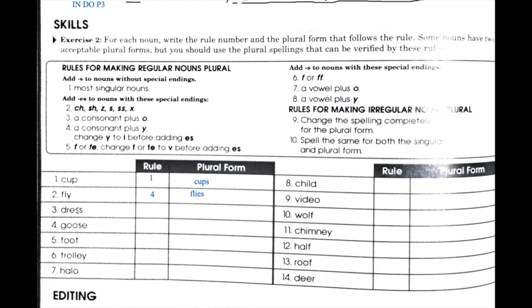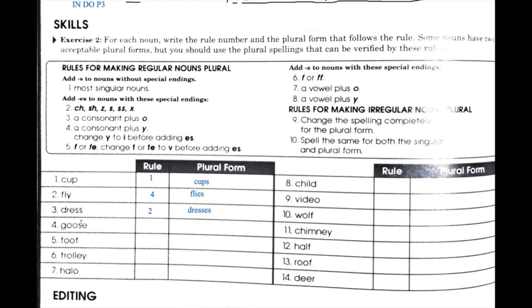Dress. 2 S's at the end should tip you off that this is not normal. So let's look at rule number 2. Rule number 2 says we need to add ES. Dresses.